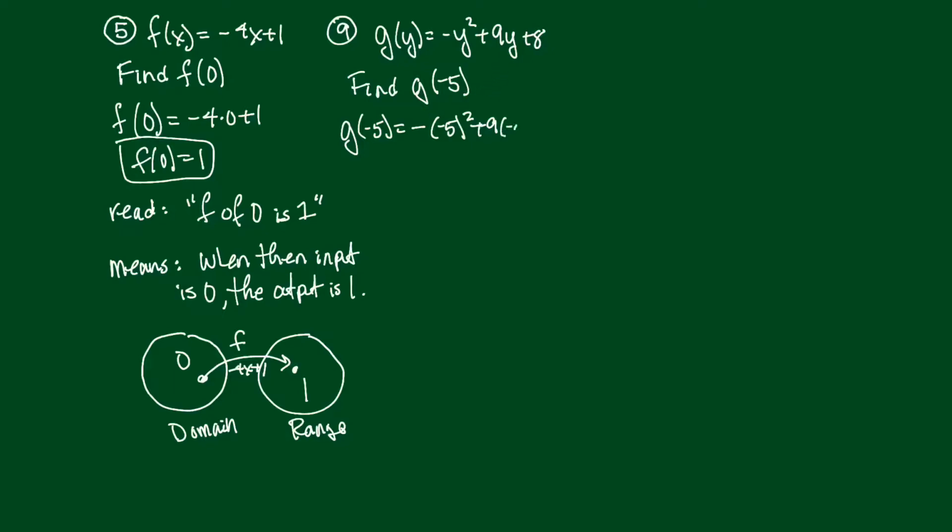So 9 times negative 5 plus 8. So we will get negative, now negative 5 squared is 25. 9 times negative 5 is negative 45 plus 8. So this is negative 70 plus 8. I'm thinking we get negative 62 out of this. So g of negative 5 is negative 62.